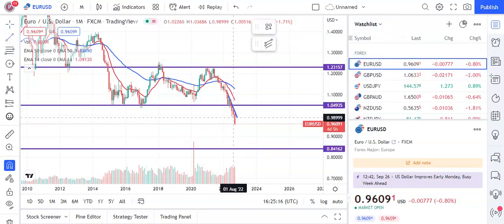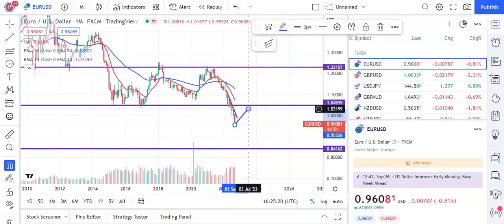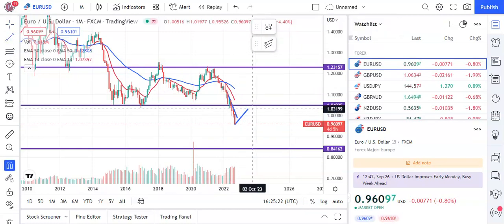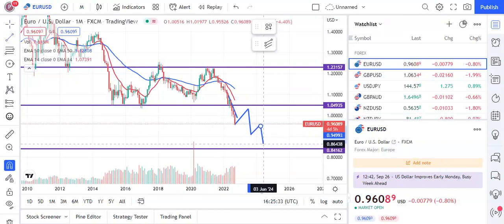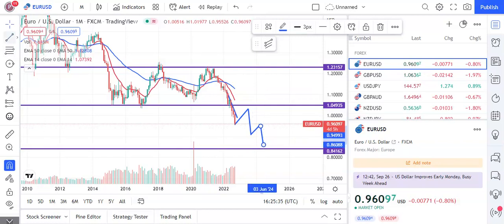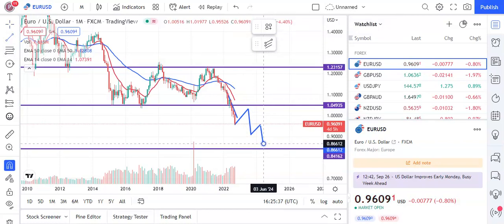Remember, price does not go in a set direction. Price goes in zigzag. It could go this way, right? Watch, drop, go back this way, drop, go back up, right?